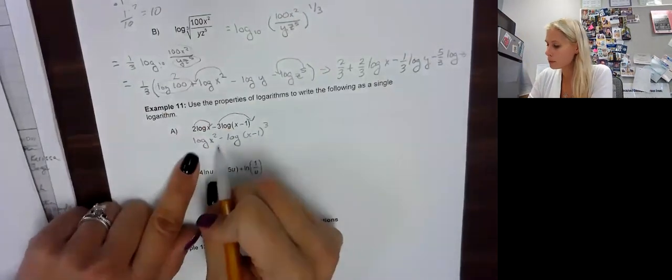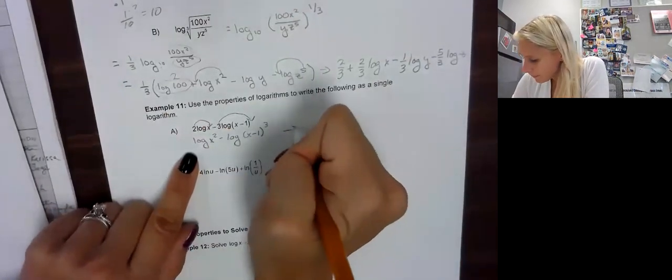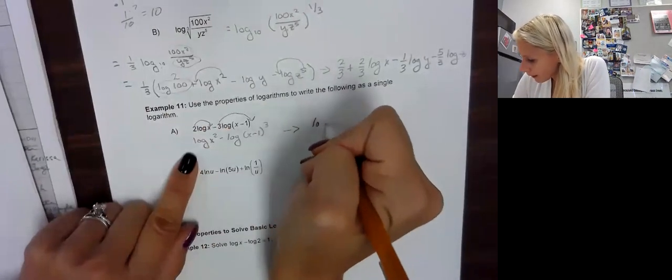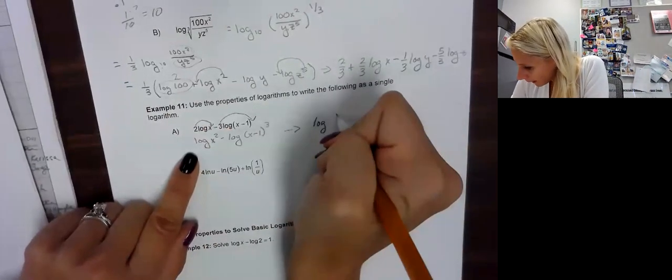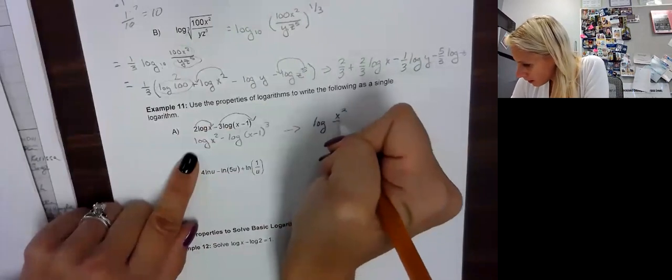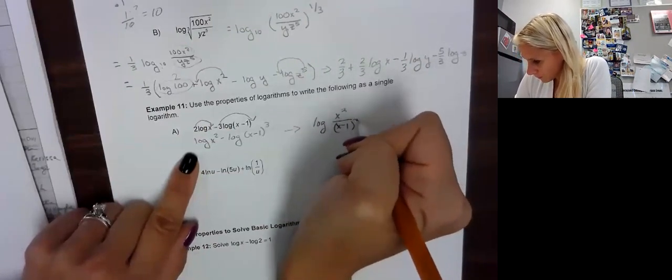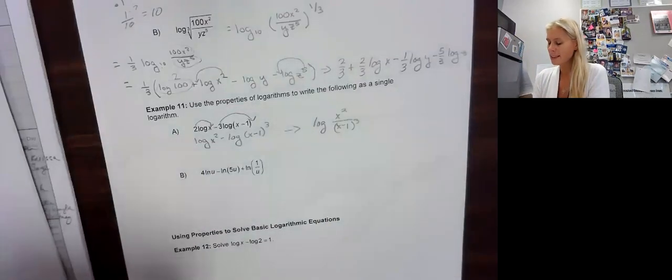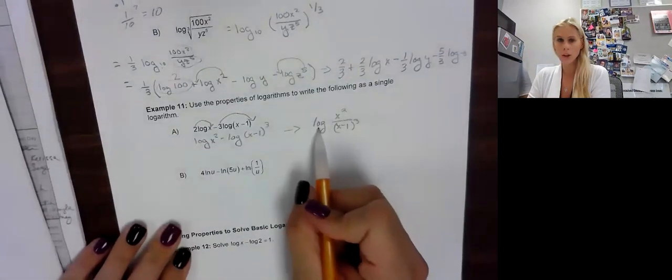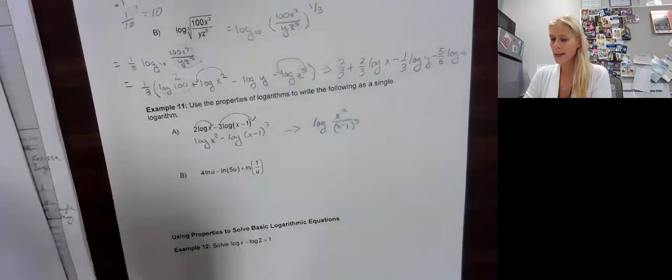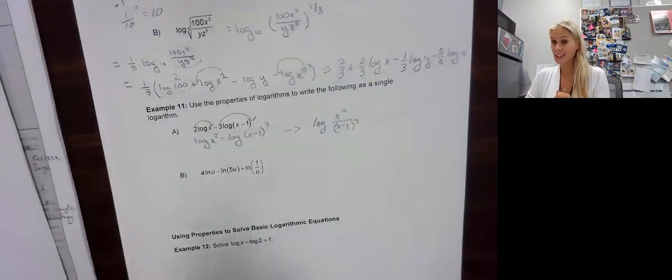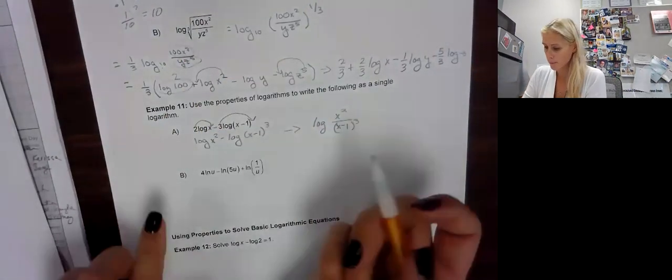And then what does subtraction mean, guys? It means division. So we have log x squared on top and x minus 1 cubed on the bottom. Remember, when we condense into a single one, there's only one. When we expand, there's multiple logs. That's going to be a little trick to remember.